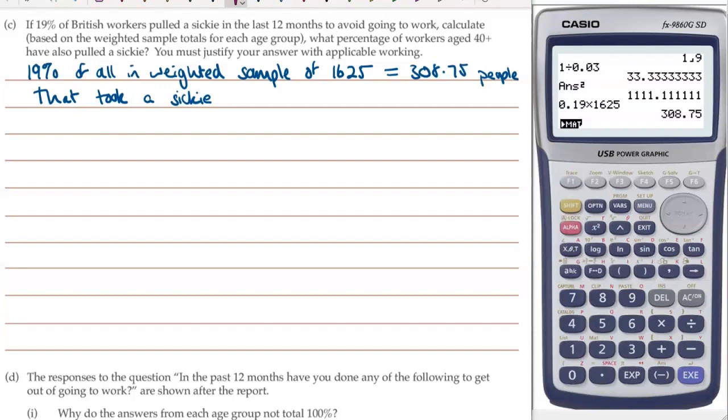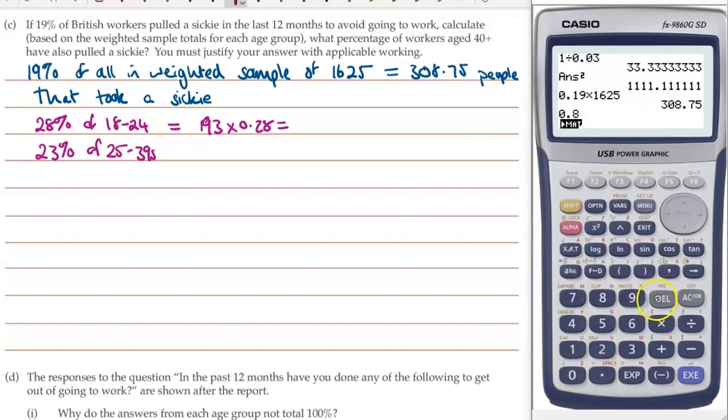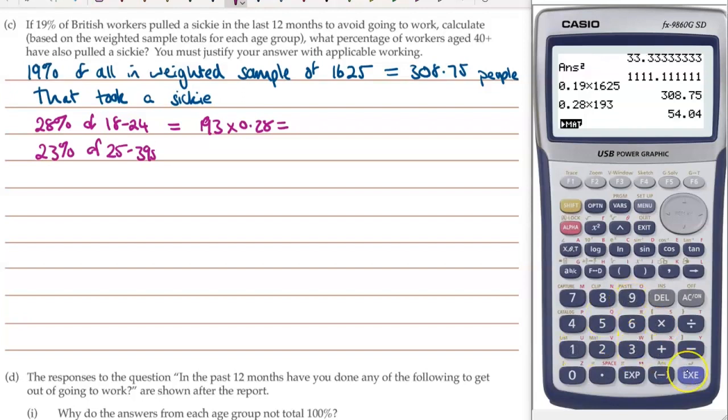Then in the 4th paragraph down from the sickie section, we're told that 28% of 18 to 24-year-olds took a sickie, and 23% of the 25 to 39s. Okay, so in our age 18 to 24, we've got 193 people in the sample. So 193 times 0.28, that's 54.04.